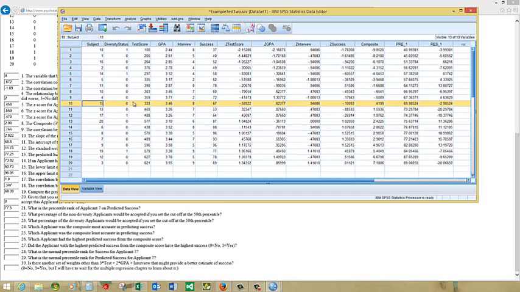Of the non-diversity, we have 1, 2, 3, 4, 5, 6, 7, 8. With 8 out of the 16 we would accept, we would accept 50%.